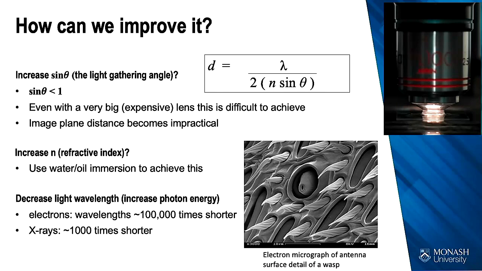And the other option is to change the wavelength of light. So visible light obviously is a certain range of wavelengths, but we can use different parts of the electromagnetic spectrum. So X-rays have a wavelength which is 1,000 times shorter, and X-rays can image at much higher resolution than visible light for this reason. And electrons have an effective wavelength that's 100,000 times shorter.